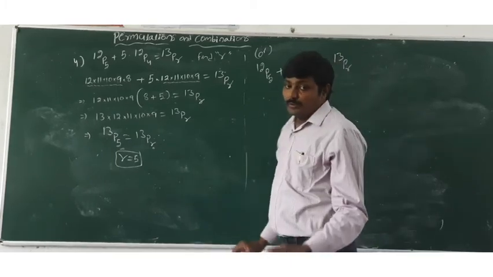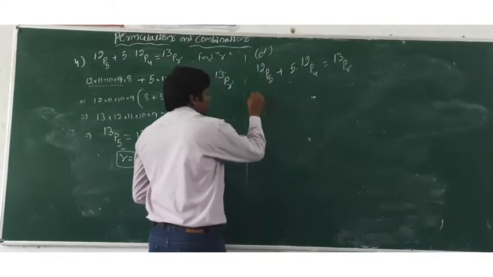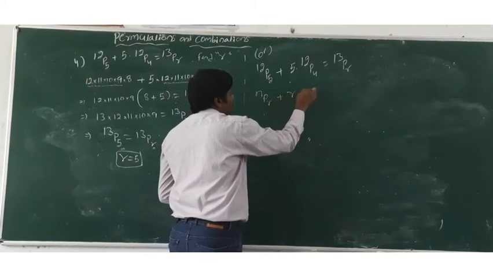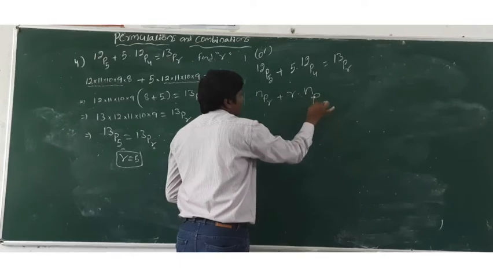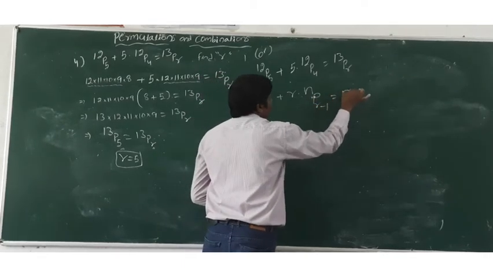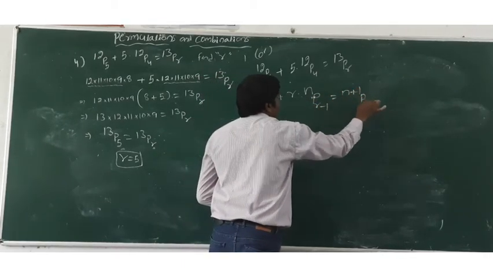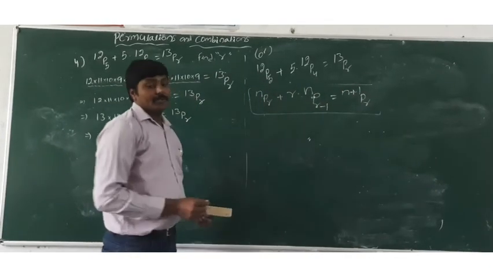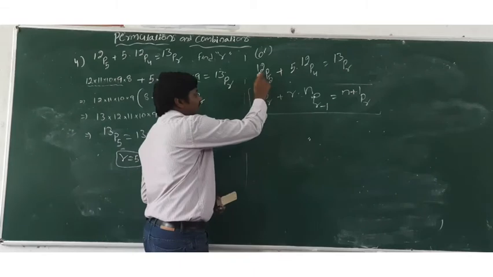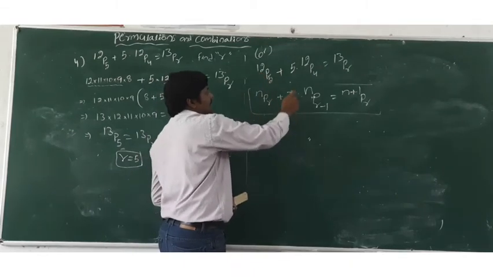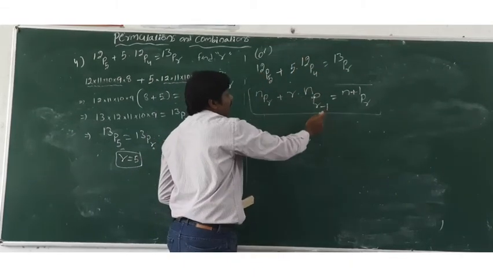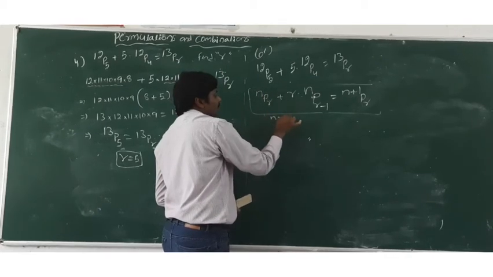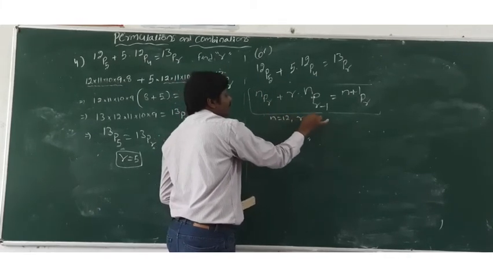We write down one formula: nPr plus r into nP(r minus 1) is equal to (n plus 1)Pr. Here apply 12Pr plus r into 12P(r minus 1). Here n is equal to 12 and r is equal to 5.